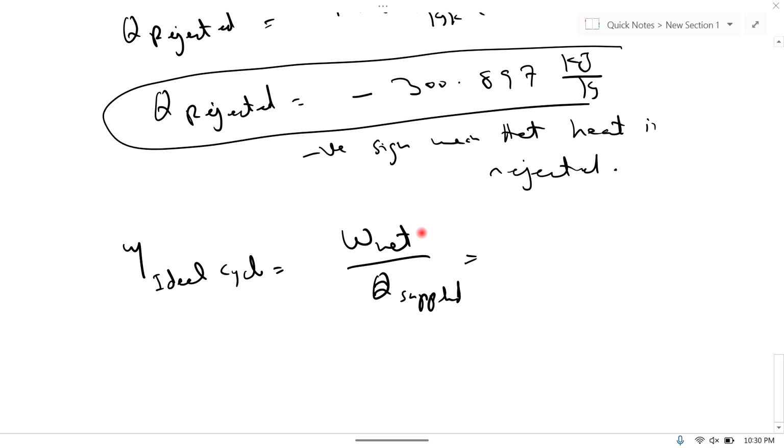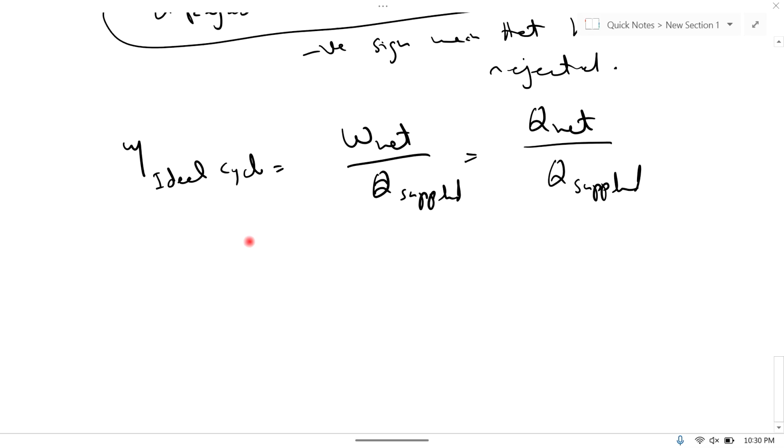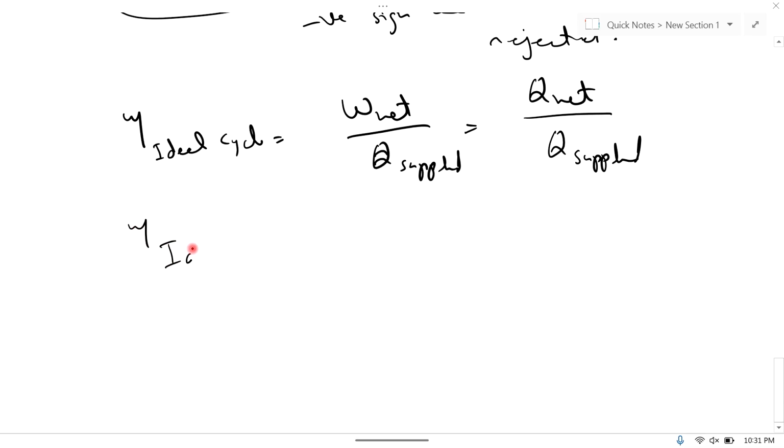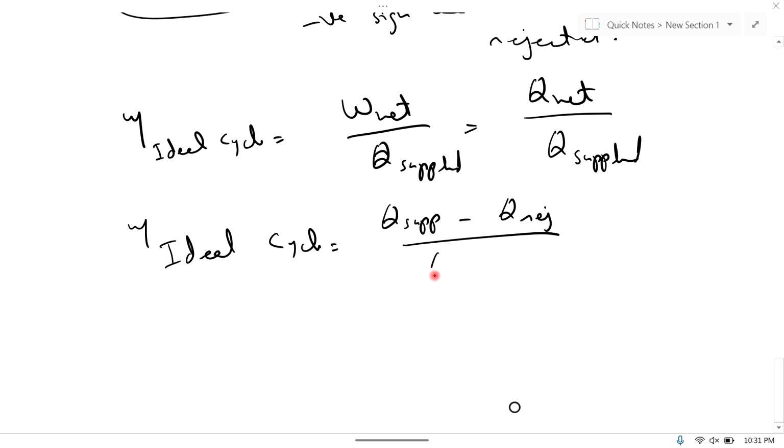In this case, work net is equal to net heat, Q net. So the ideal cycle efficiency is Q supplied minus Q rejected, divided by Q supplied, and we find it in percentage, multiplying by 100.